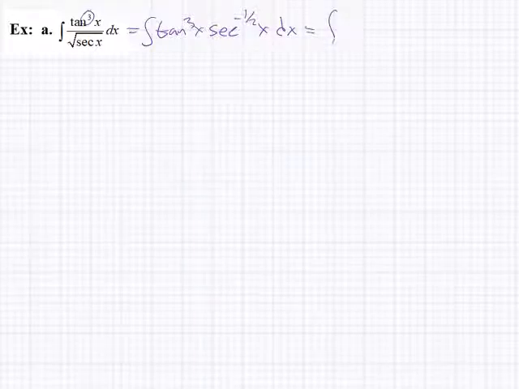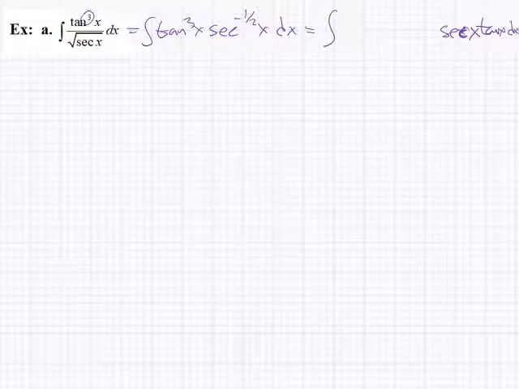Then I'm going to pull out a secant x and a tan x for my dx. That's my du. Well, if one of the tans is pulled out of here, it's a tan squared.